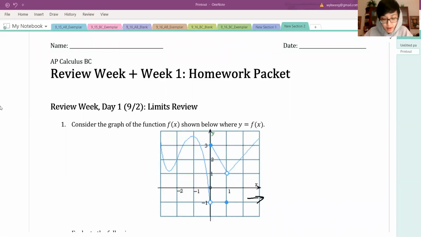I'm going to go through the entire packet and do problems that are extremely similar. I will explain them as I go. I'm going to do them kind of quickly, but I'll upload this to YouTube so you can probably pause and whatnot as we go along.